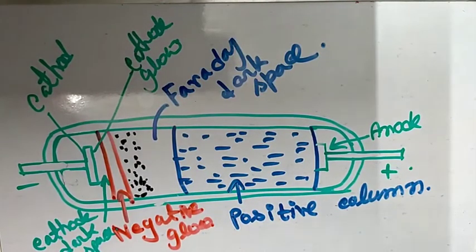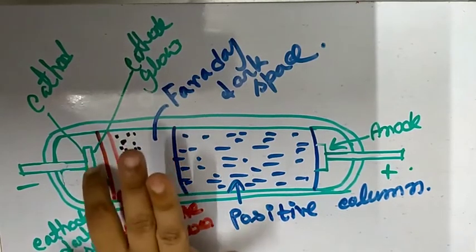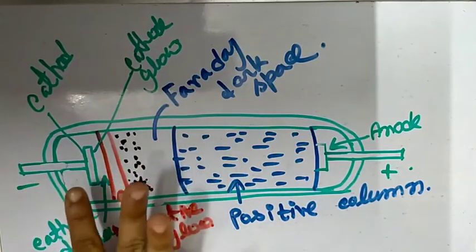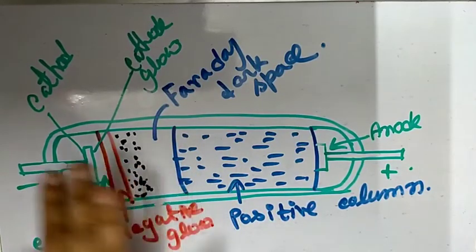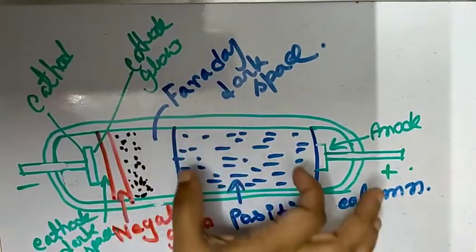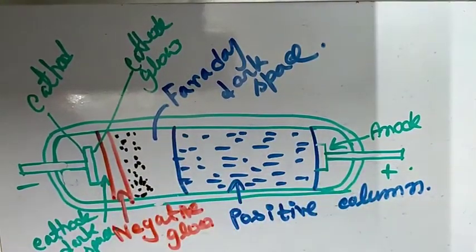Okay. Now, a decrease in pressure causes the cathode dark space, I mean this area, to expand until it can be made to fill the whole tube. And an increase in pressure causes the positive column to expand. And in many of the commercial lamps, the positive column fills almost the whole tube.